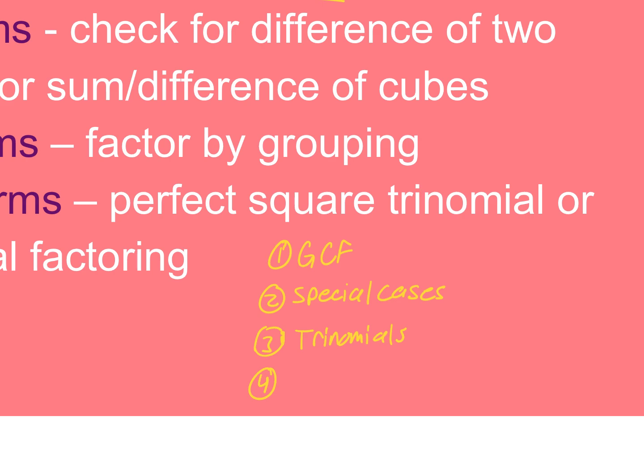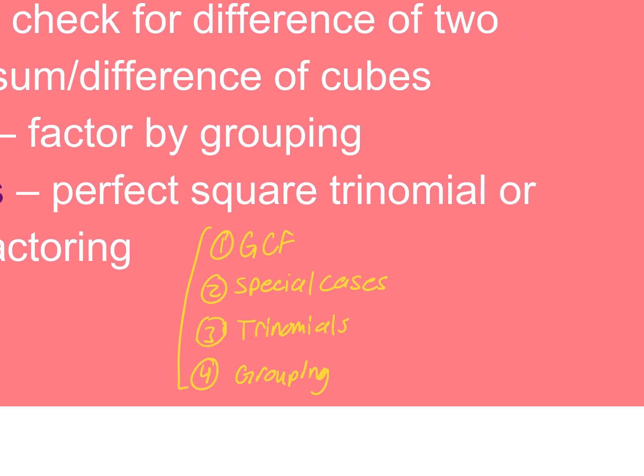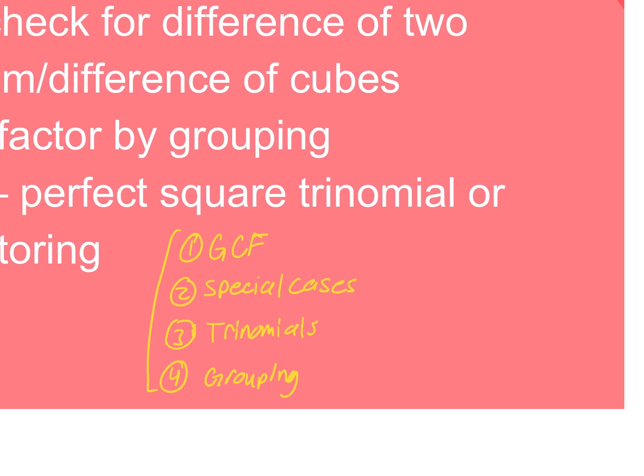And then four terms is by grouping. So just a little cheat sheet for you to remember. Of course, you're going to have to remember these steps, but it's something simple that covers all the bases.